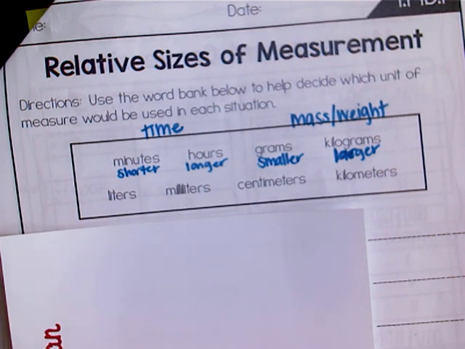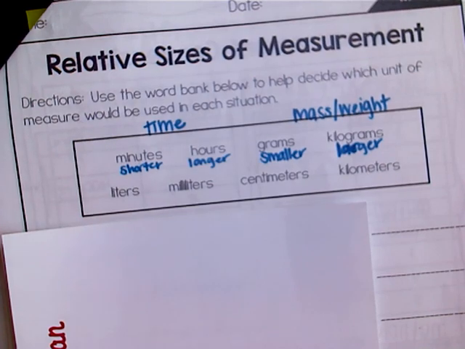If I was measuring a car or a large animal or a couch or something that's big, I would want to measure that in kilograms because it's my larger unit. It's just like ounces versus pounds. You would weigh something small in ounces and you'd weigh something bigger like a human in pounds.